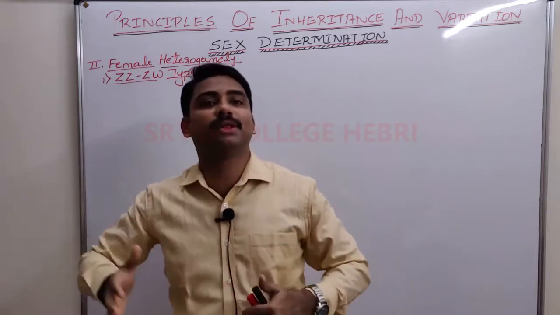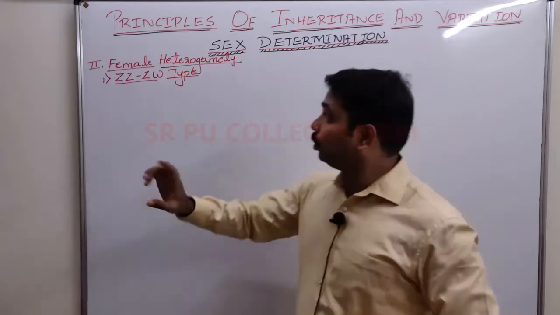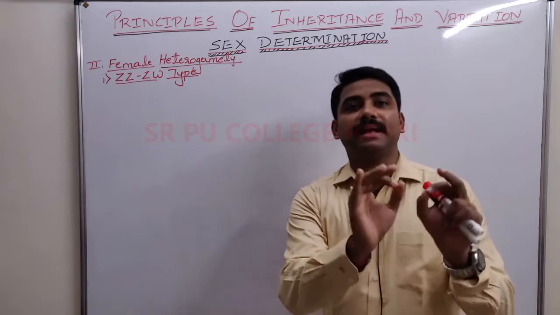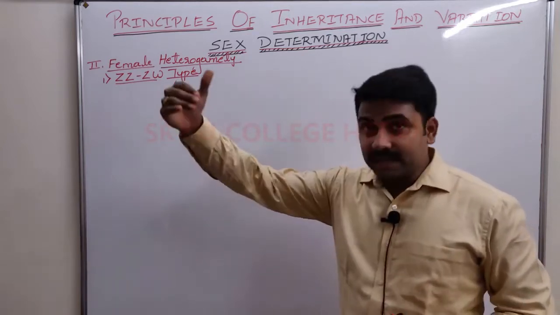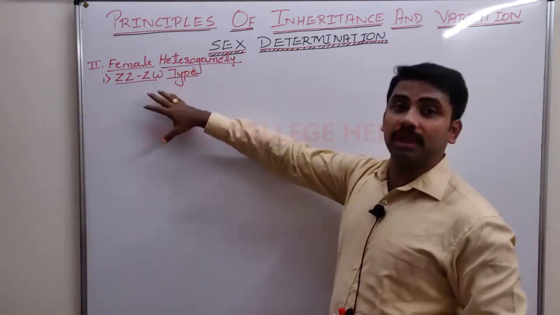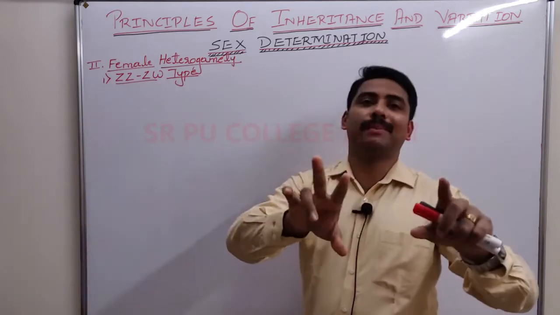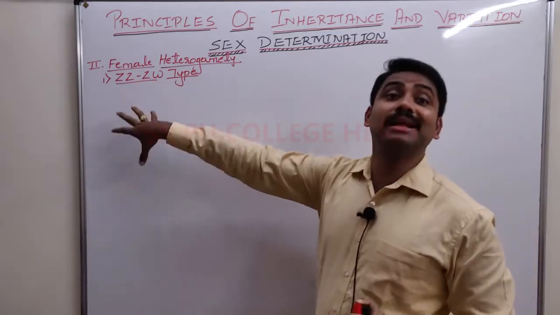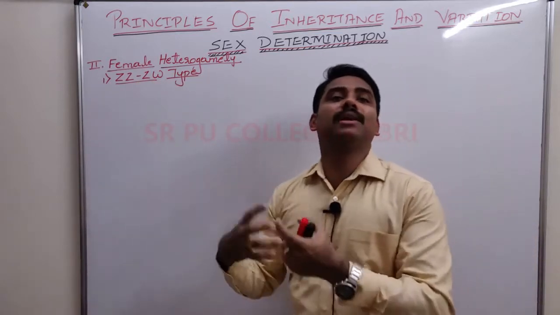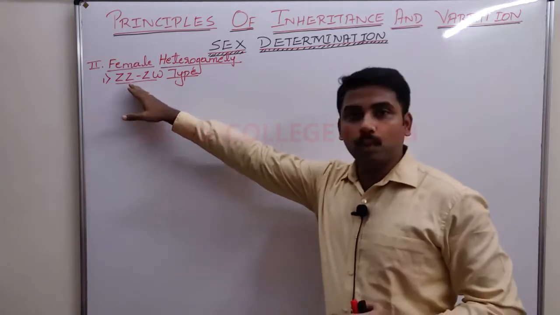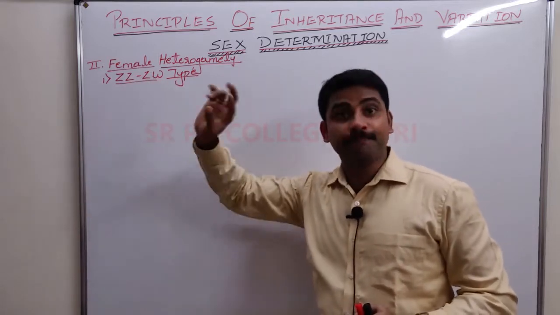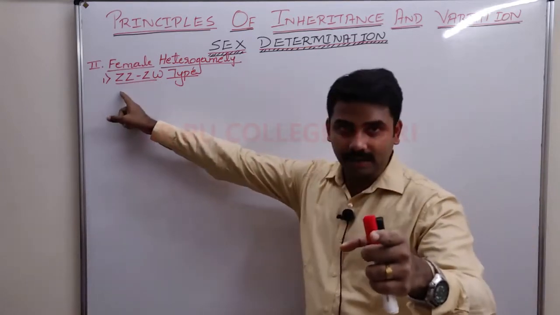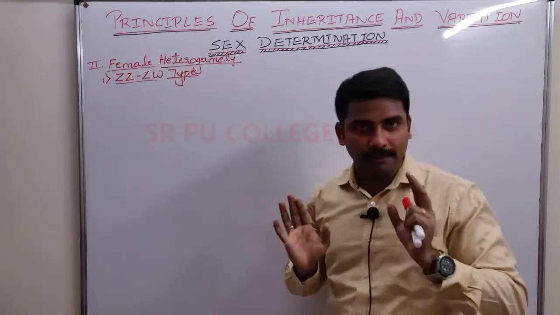What is this new Z and W? Yes. If you look at the Z and W chromosomes, they are exactly the same as X and Y chromosomes. Compare X and Y with Z and W, they are the same. Just for study purposes, for our convenience, to avoid confusion, instead of X I am using Z, instead of Y I am using W. Is that clear?